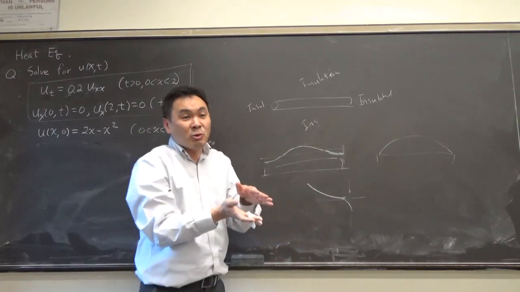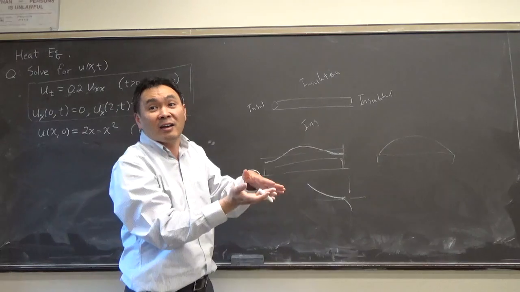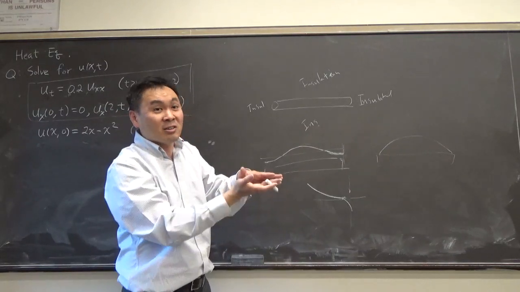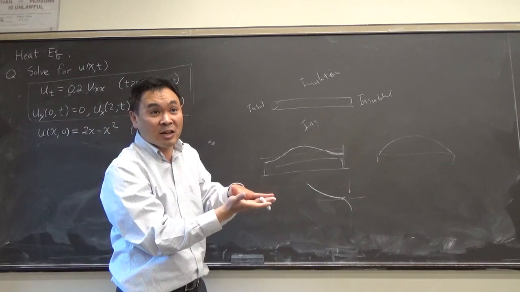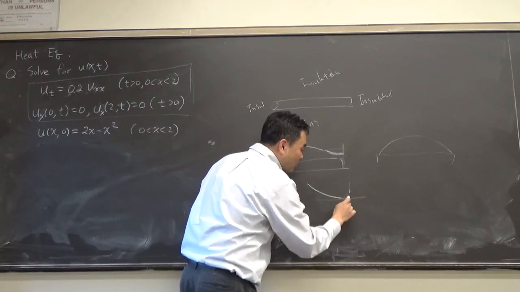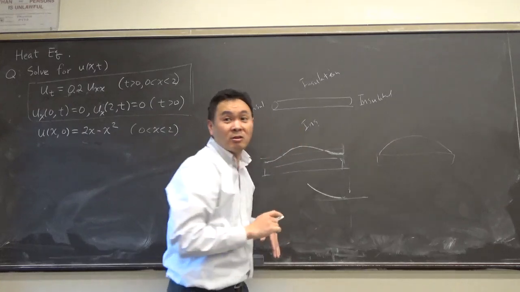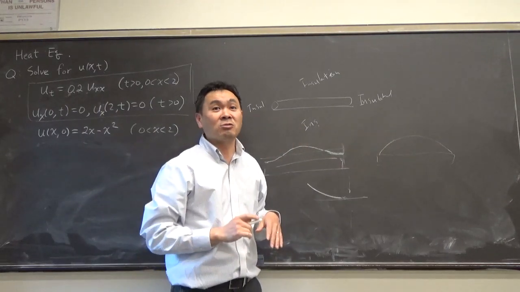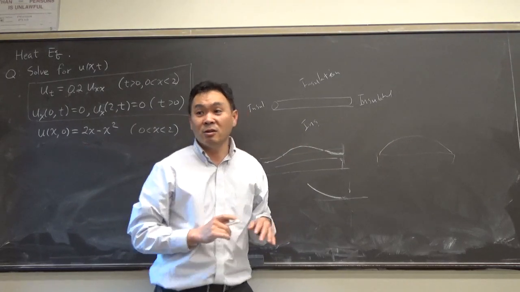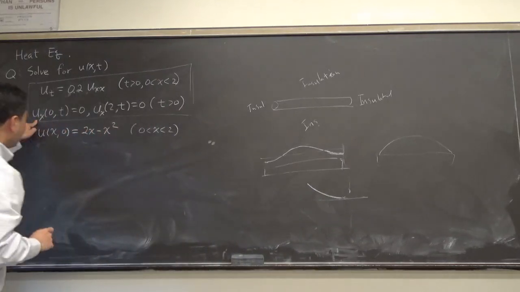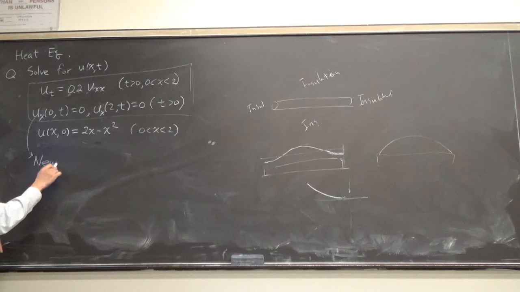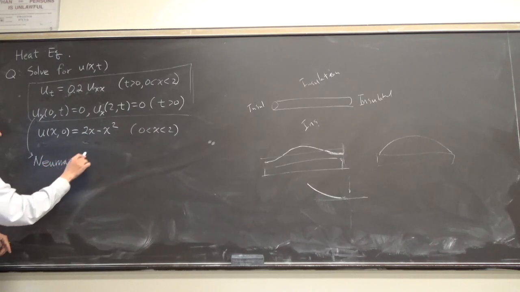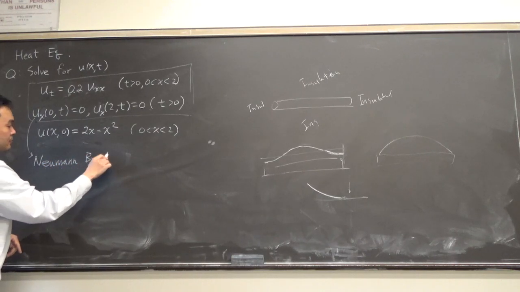So when you have insulation, the moment when the heat is accumulated, immediately the boundary condition will be such that the derivative at the endpoint will be horizontal. That's how you express insulation. Is that okay? So this condition here is called the Neumann boundary condition.